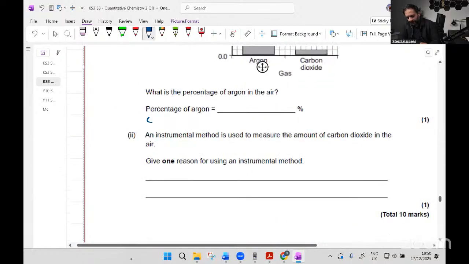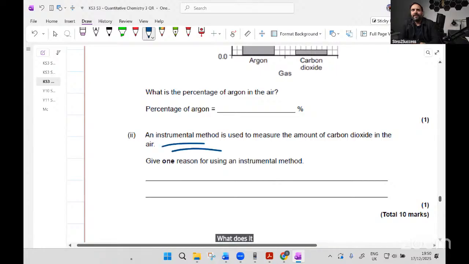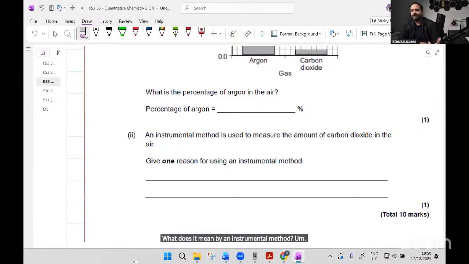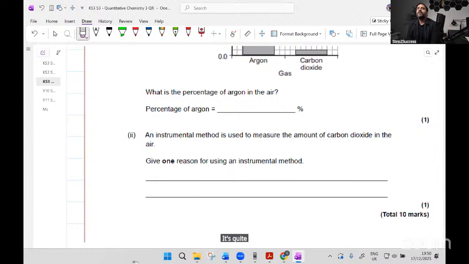Often people get stuck with this question, which is: what does it mean by an instrumental method? Just so you know for future reference, if you said to me, what's the temperature like outside, and I said it's quite cold, then that is not an instrumental method.